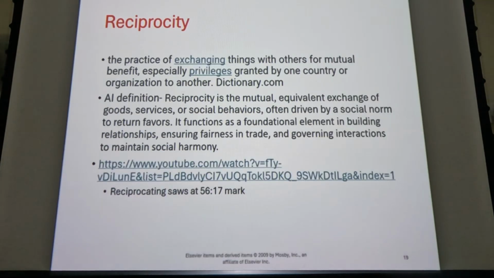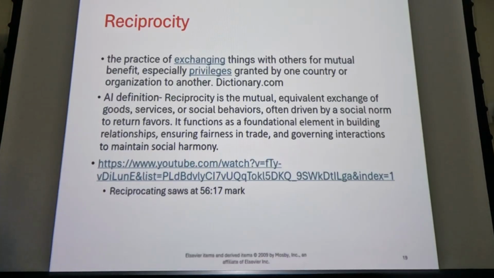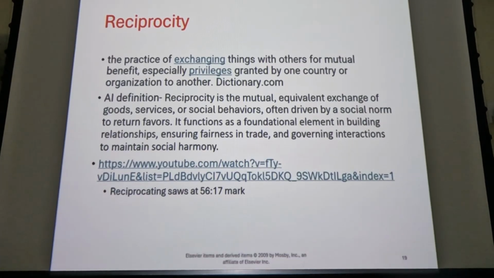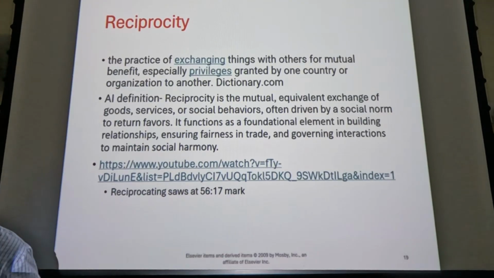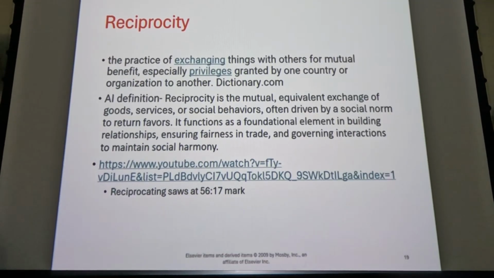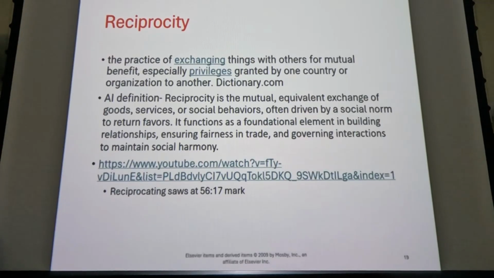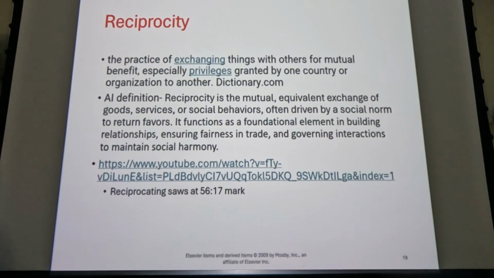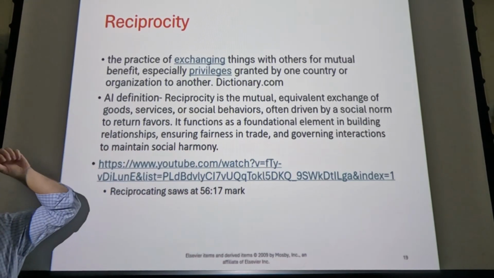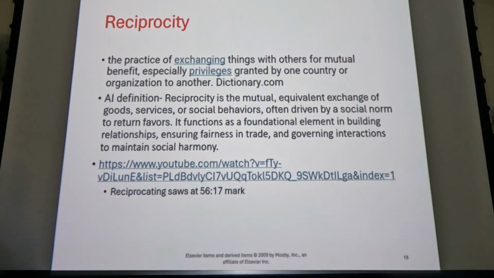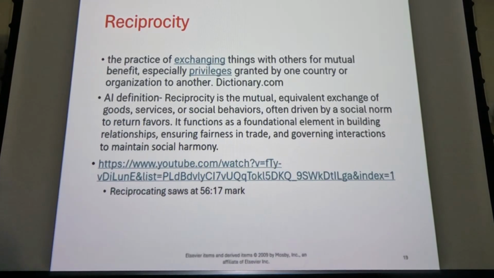So reciprocity. I got a couple of definitions here. Basically, it means give and take. These were pulled off of the internet, and I added these this morning, so if you're looking for them in your PowerPoints or in Canvas, it's just not there. But all reciprocity means is give and take, mutually corresponding for benefit of some sort.